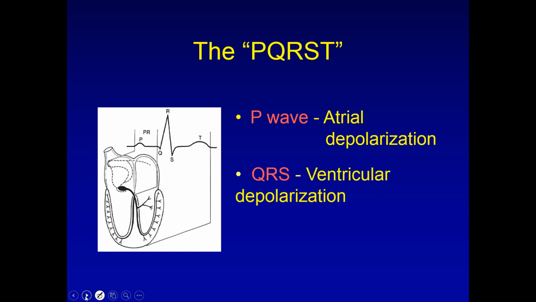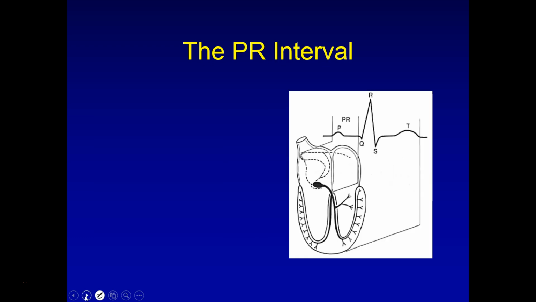And your QRS is going to represent ventricular depolarization. It occurs just immediately before your ventricles start to contract. That corresponds with S1, your heart sounds, by the way. And your T wave is represented right there, and that just means the ventricles are relaxing. They're getting ready to be depolarized again.